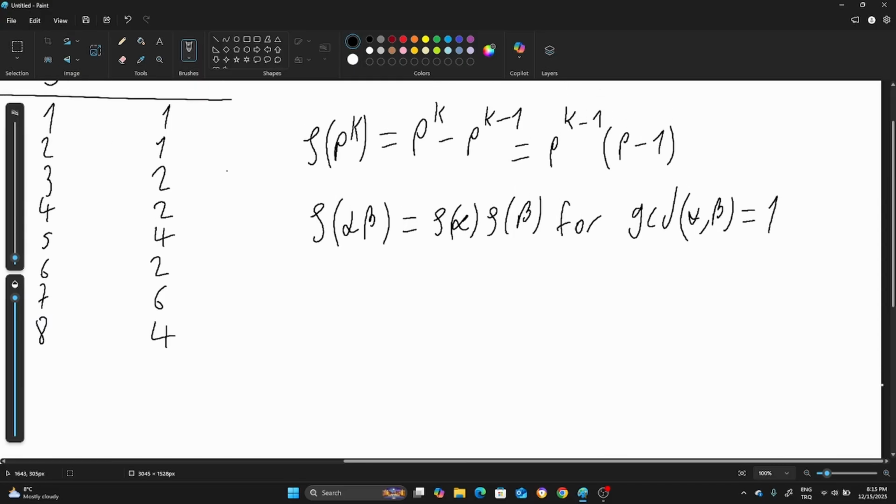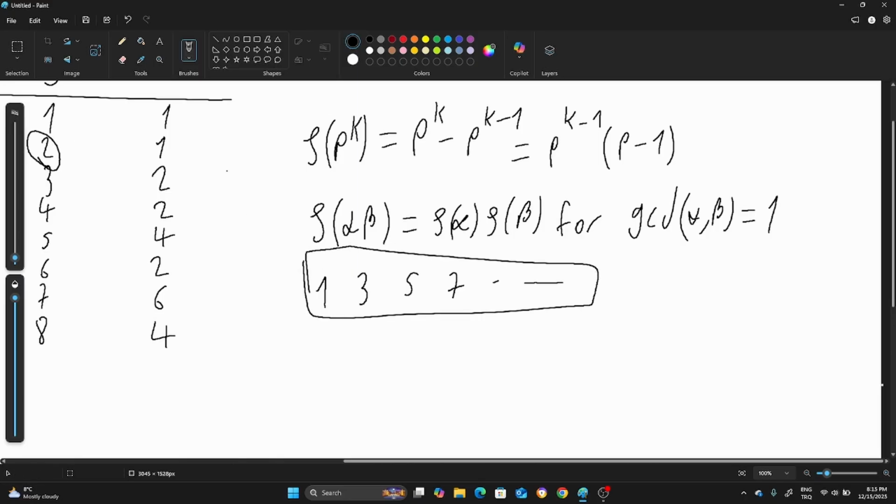Now we can represent every number as either even or odd, right? Let's take odd values. 1, 3, 5, 7, it goes on. Now realize that when you take 2 and an odd value, their greatest common divisor is going to be equal to 1, because 2 is a prime and none of these odd values include 2.